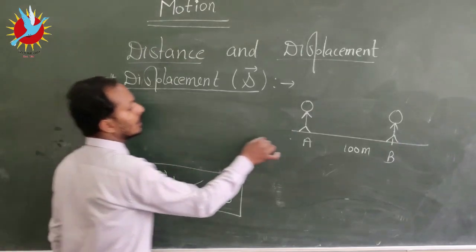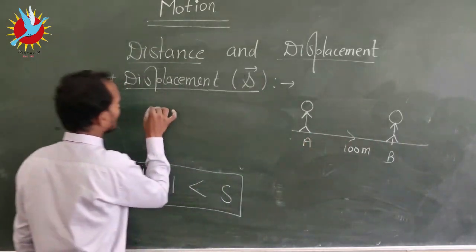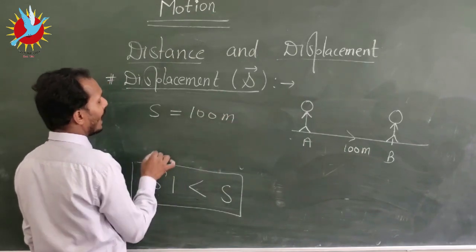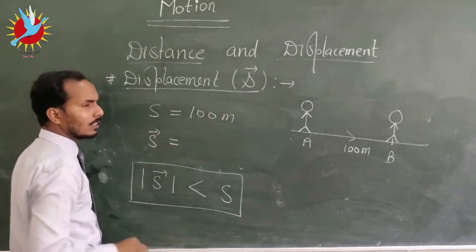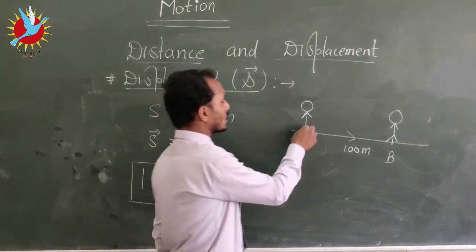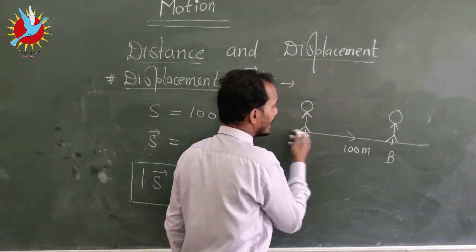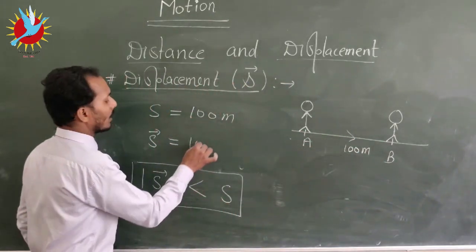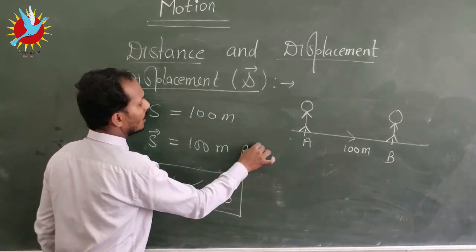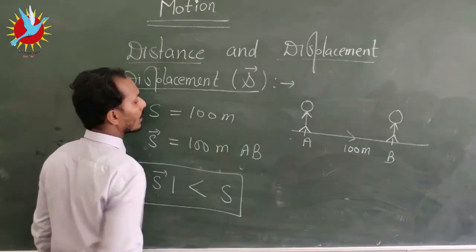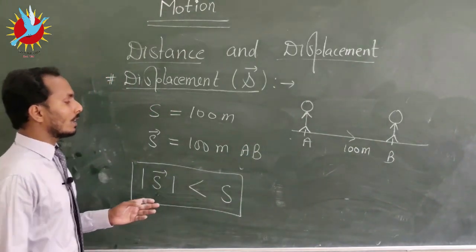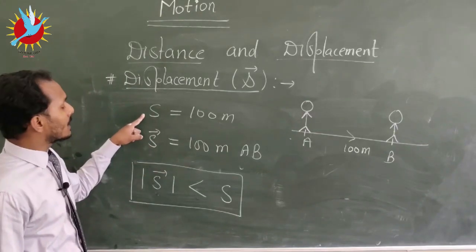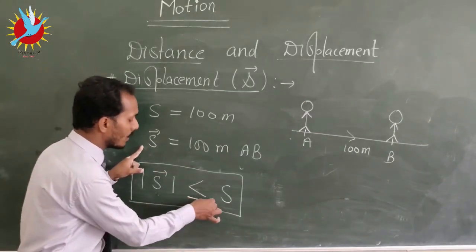He follows this route from A to B, so the distance is 100 meters. And what is the value of displacement? Displacement is the shortest path, and this is a straight line, so again it is 100 meters along AB. It means the magnitude of distance is equal to the magnitude of displacement.